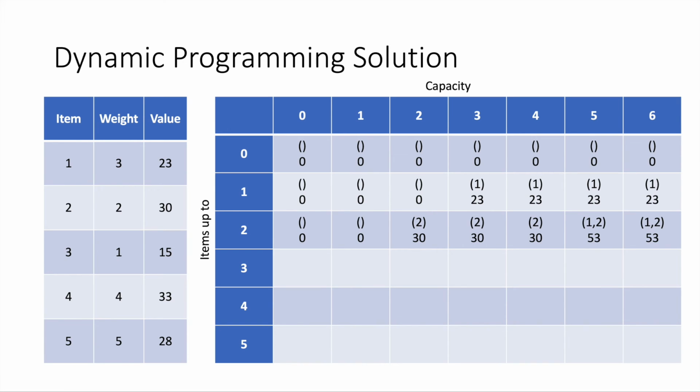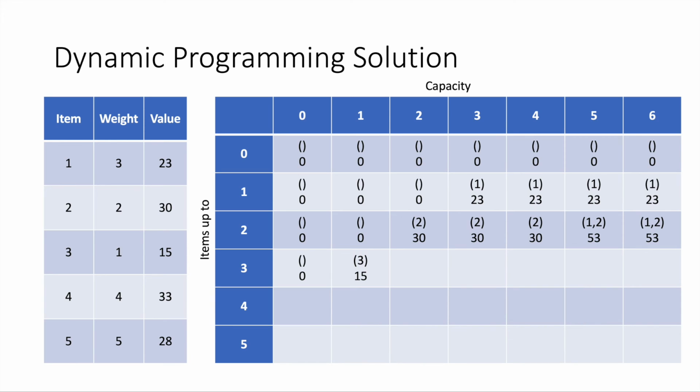Now we move on to considering up to item 3. Again, capacity 0 is trivial to answer. But for capacity 1, item 3 has a weight of 1. So the set item 3 is our new best set. For capacity 2, including item 3 means we have 1 leftover weight. But for the previous 2 items for capacity 0, the optimal solution was an empty set.